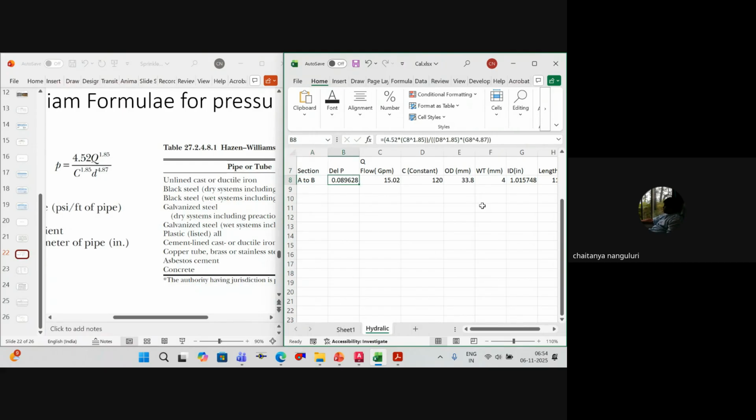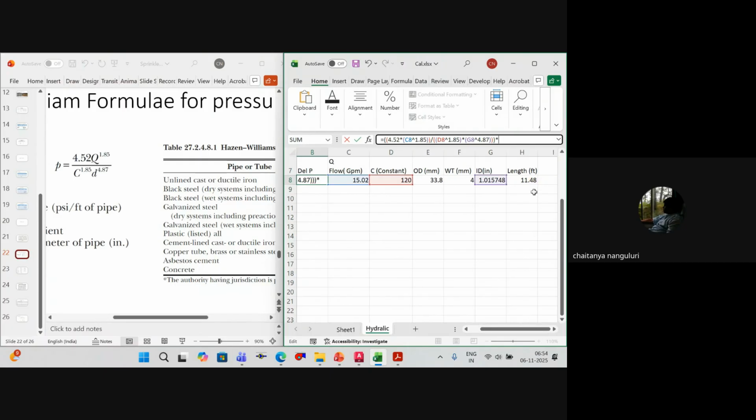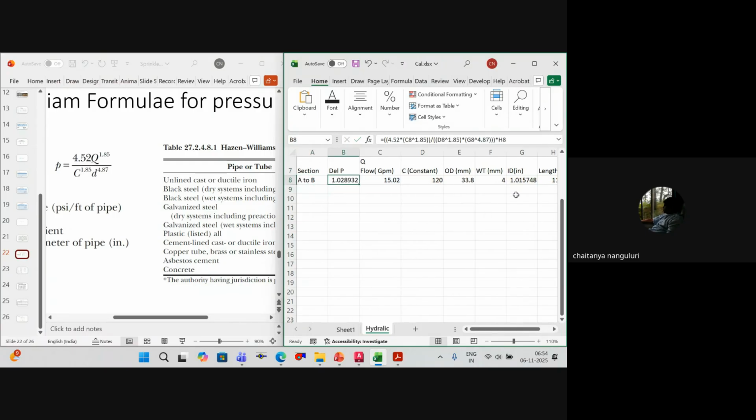After that, don't you think you have to multiply it with the length? So this whole thing I'm just multiplying with the length in feet. So the pressure drop comes to 1.02. Am I clear? This is the value in PSI.